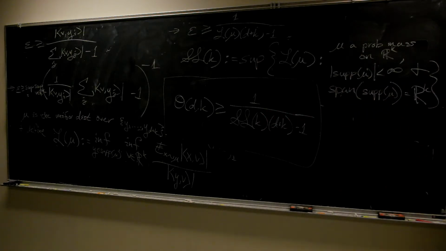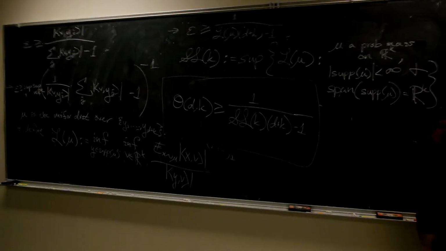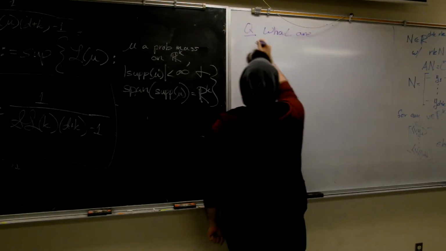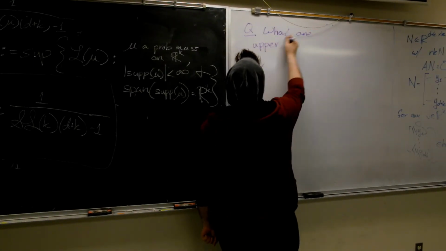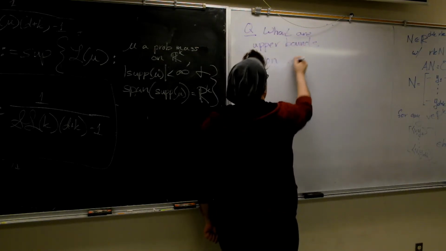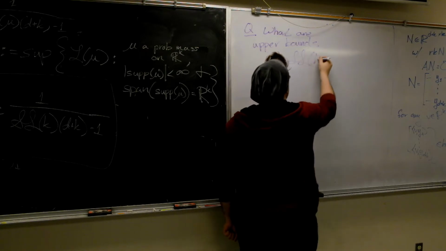So the real question now, and I'm going to try to leave these two definitions up, because they'll be important, is what are upper bounds on this SL of k?